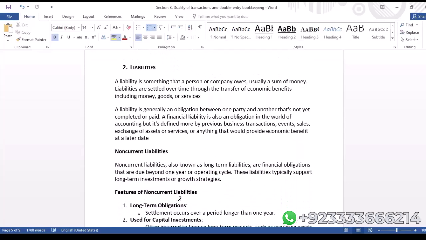What are liabilities? Liabilities are the opposite of assets. Assets are the things that we own and control and will earn future economic benefit. But liabilities are something that a person or company owes.